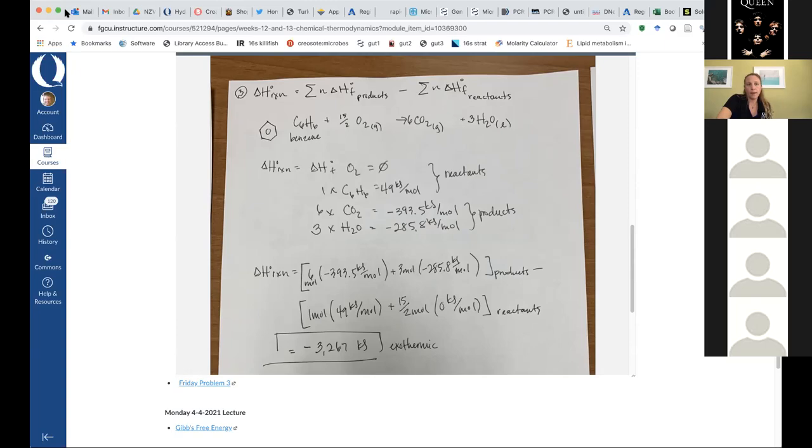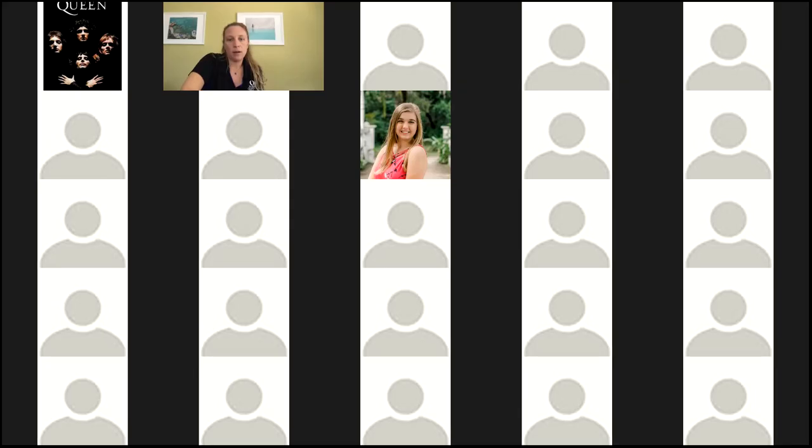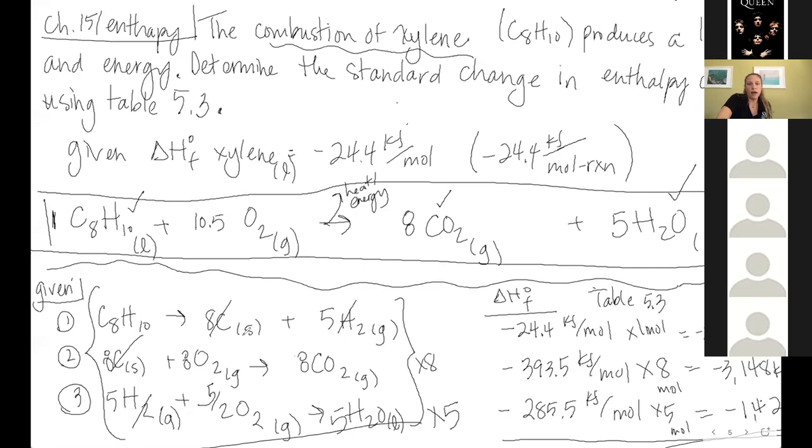The only way I could see an error in the example is maybe the 24.4 is supposed to be positive. I'm pretty sure this is the enthalpy of formation, which means that this reaction should be written the other way around. Okay, that makes sense.